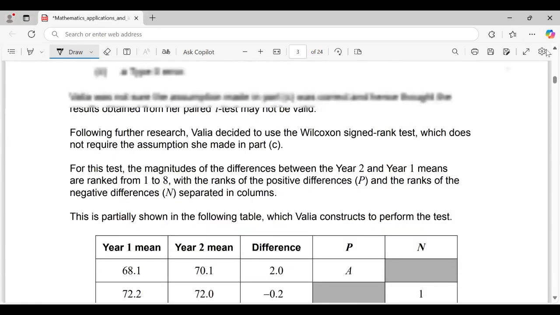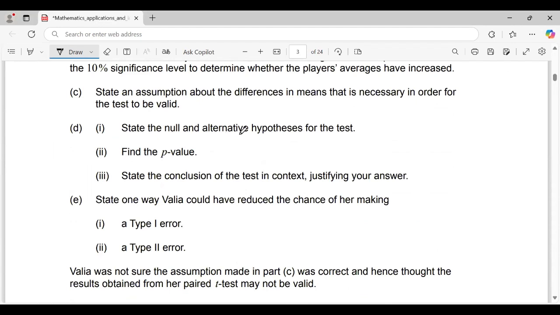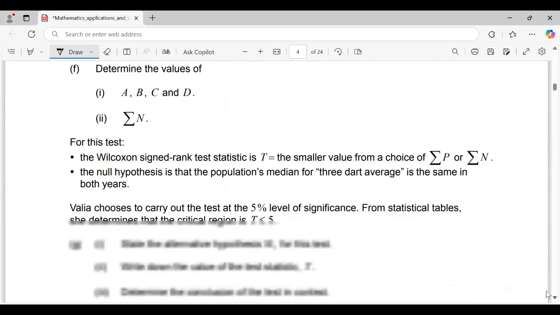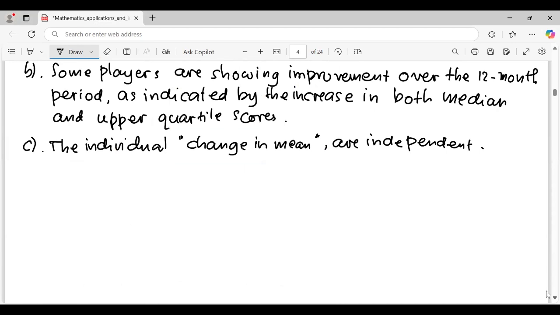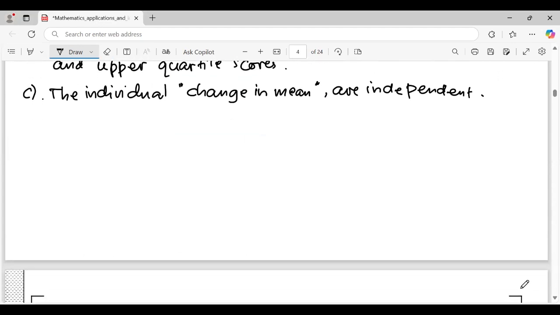D, state the null and alternative hypothesis for the test. Find the p-value, state the conclusions of the test in context, justifying your answer. Part D. The null hypothesis is mu d equals 0, and the alternative hypothesis is mu d greater than 0.